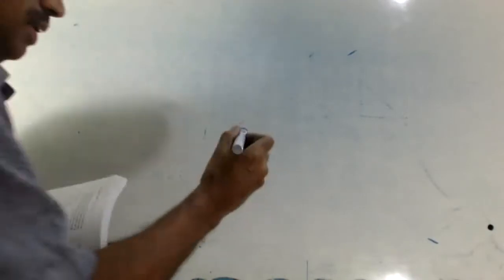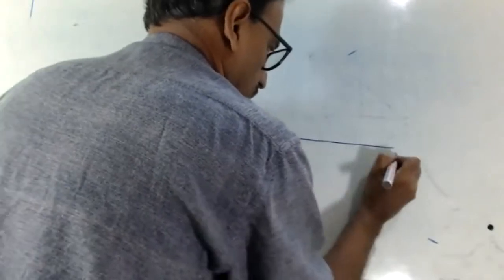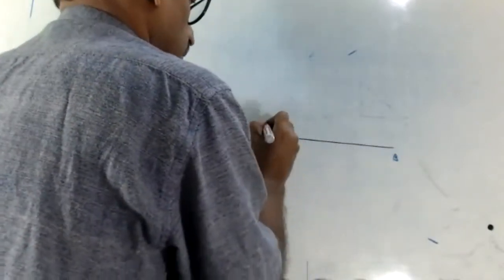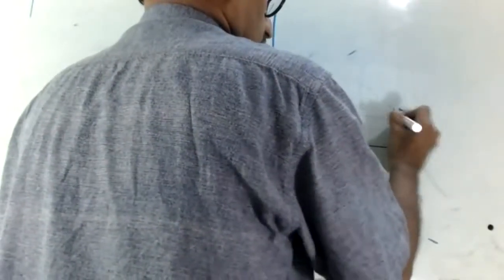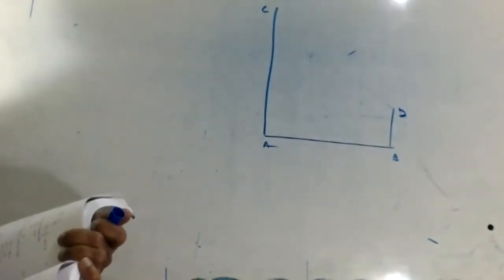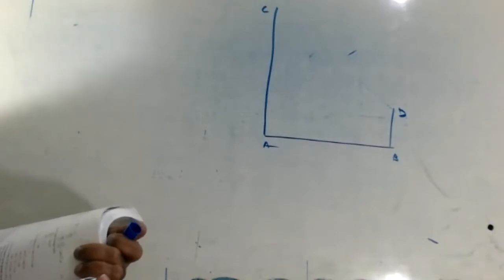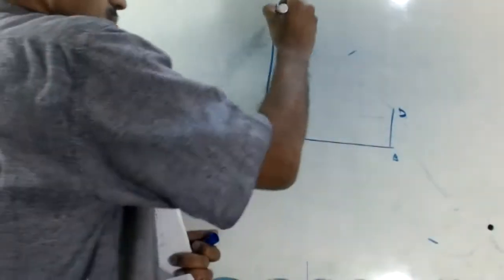Okay. The question is the angle of elevation of the top of a hill at the foot of a tower. Listen, here is the ground. Here the hill, AC the hill. AB the tower, BD the tower. Look, the angle of elevation of the top of a hill at the foot of the tower is 60 degree.